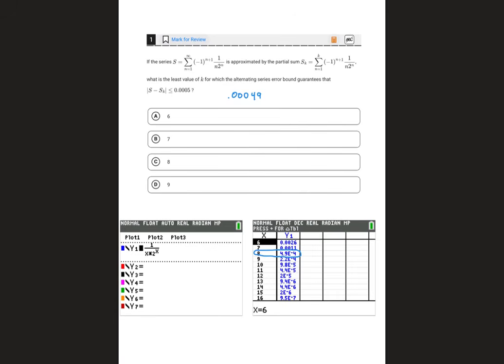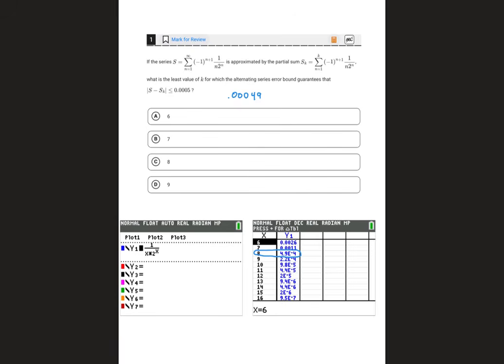Okay, and that's it. So you notice this 7, when k is 7, that's not small enough, 0.001. That's bigger than this. So yeah, the first unused term has to be the 8th term.